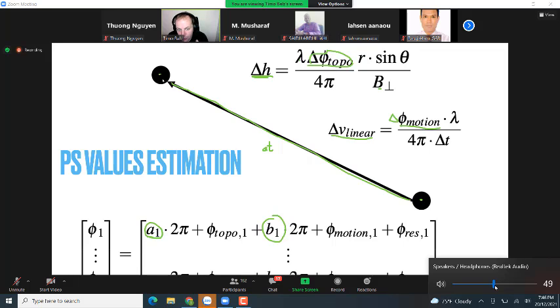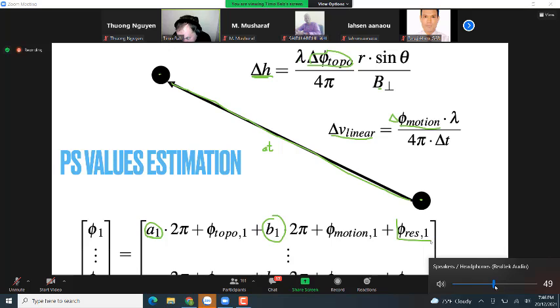It has to be much less than 2 pi, because if it's more than 2 pi, then it's more than the wrapped phase, and then we could not solve anymore because we would be ambiguous.